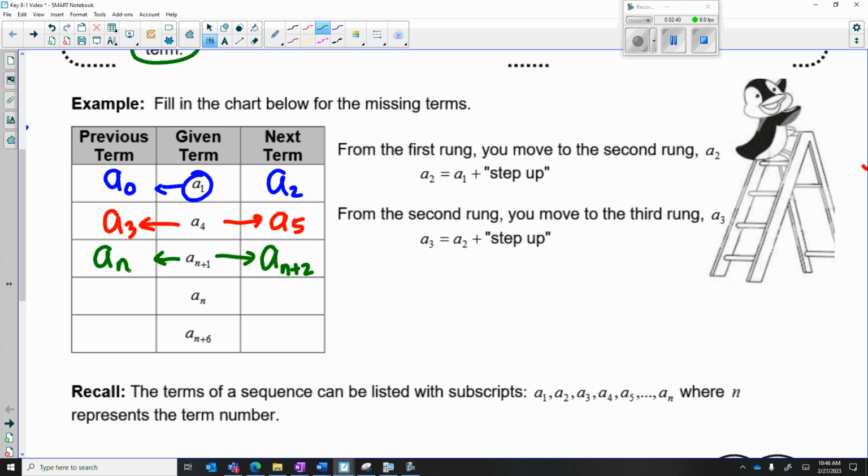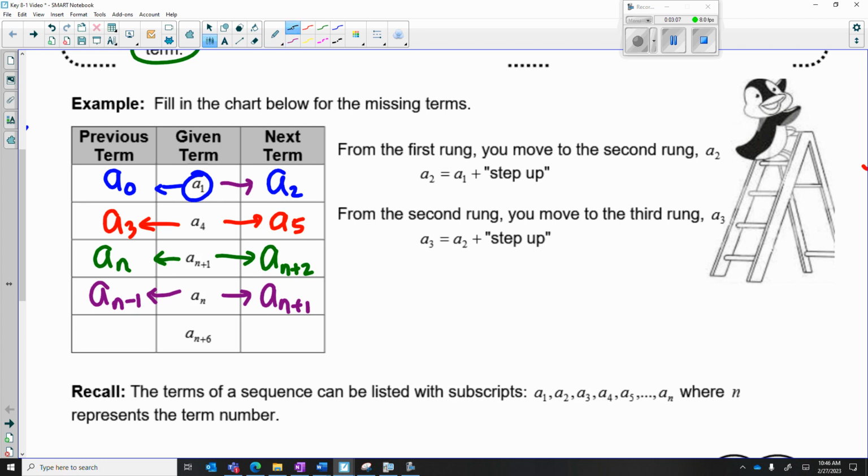It's 1 less. If I'm at A n, the one after it would be A n plus 1, because you have to add 1 to get to the next term, like 1 to 2, 4 to 5, n to n plus 1. So the one before it would be subtract 1 from n. It would be A n minus 1, because 1 to 0, 4 to 3, n to n minus 1.